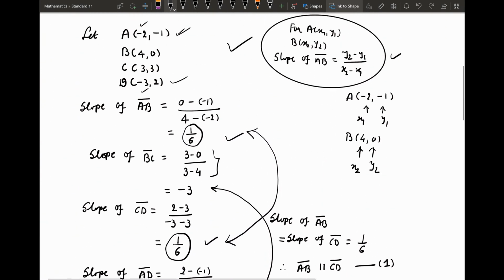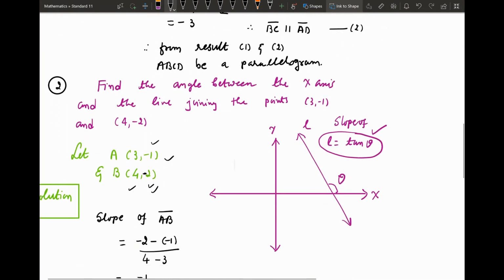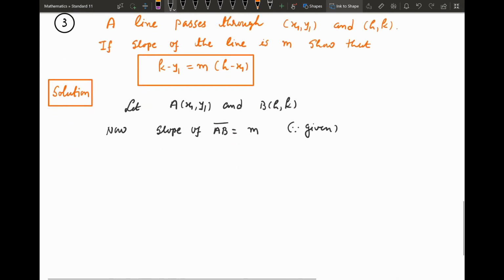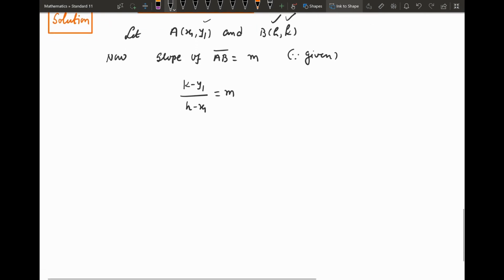Now using the definition of slope, which you are familiar with, y2 minus y1 upon x2 minus x1. So y2 minus y1 is k minus y1, upon x2 minus x1, where the coordinates of A are (x1, y1) and of B are (x2, y2). So k minus y1 upon h minus x1 equals m by definition.